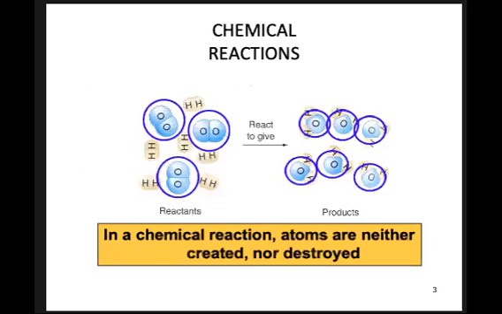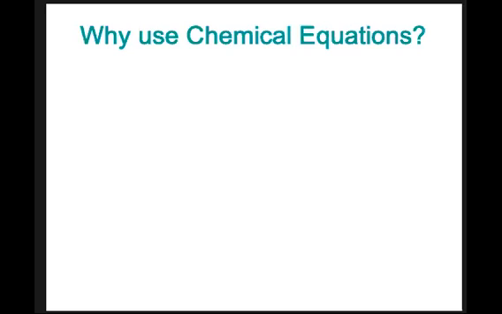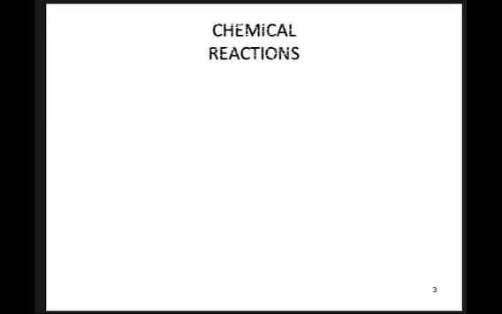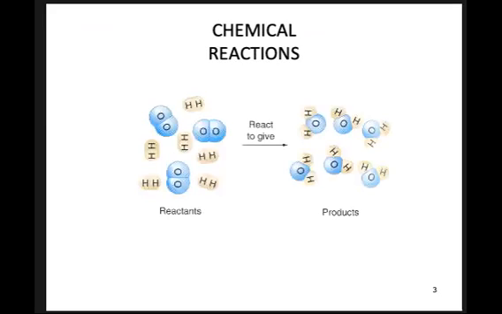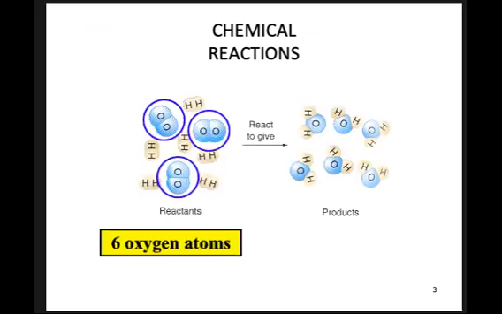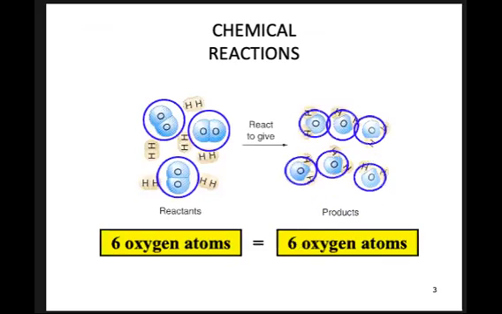So always remember that in a chemical reaction, we have here on the reactant side 6 oxygen atoms, and on the product side there should also be 6 oxygen atoms.